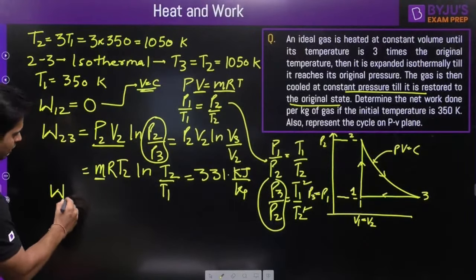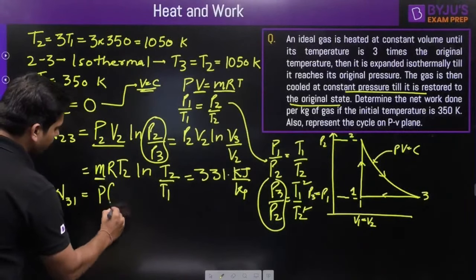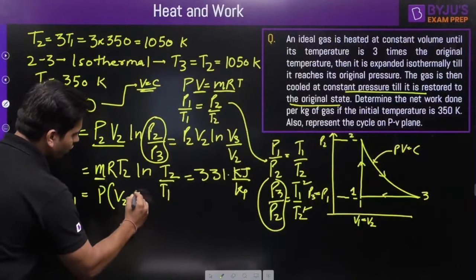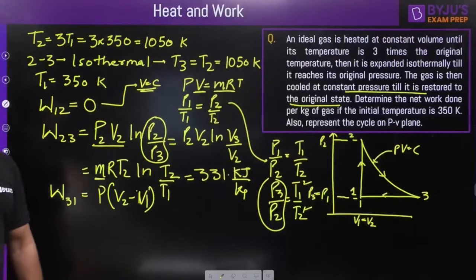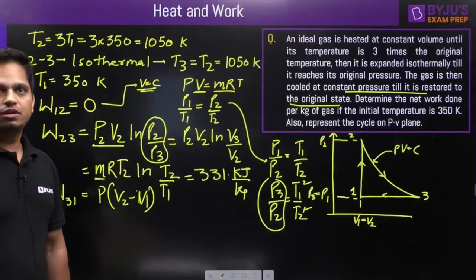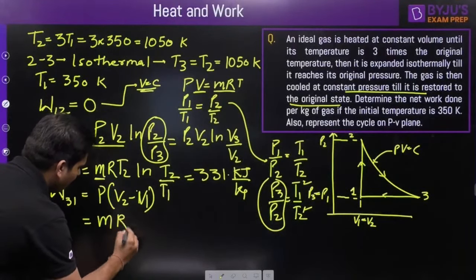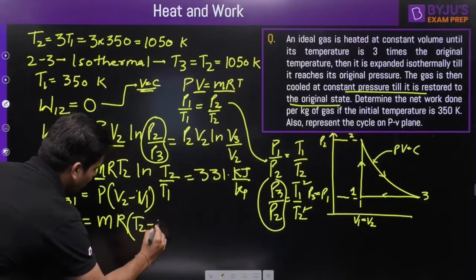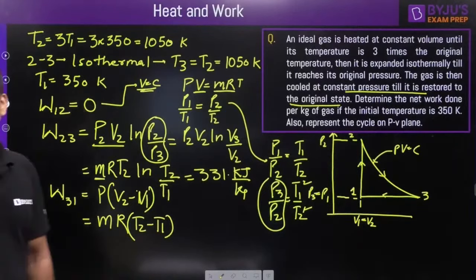Work 3-1 is P times V2 minus V1, which you can again turn into mR T2 minus T1. Is this fine?